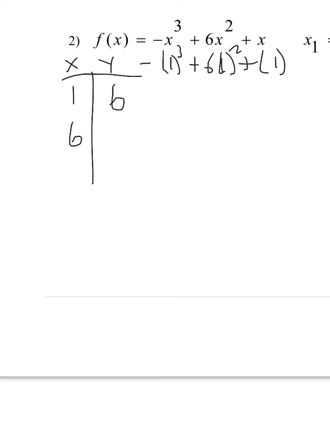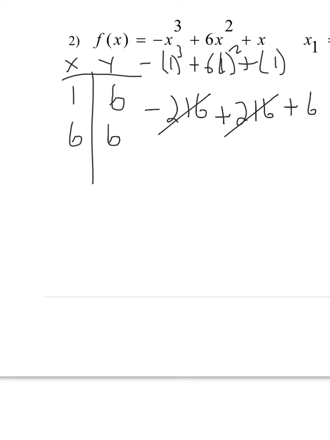When the value for x is 6, we have negative 6 cubed, which gives us negative 216, and then when we substitute 6 in for x in 6x squared, we also get 216, so plus 216, and then we substitute 6 in for x at the end and get plus 6. These 216s just cancel out and we're left with 6. So when x is 6, y is 6.